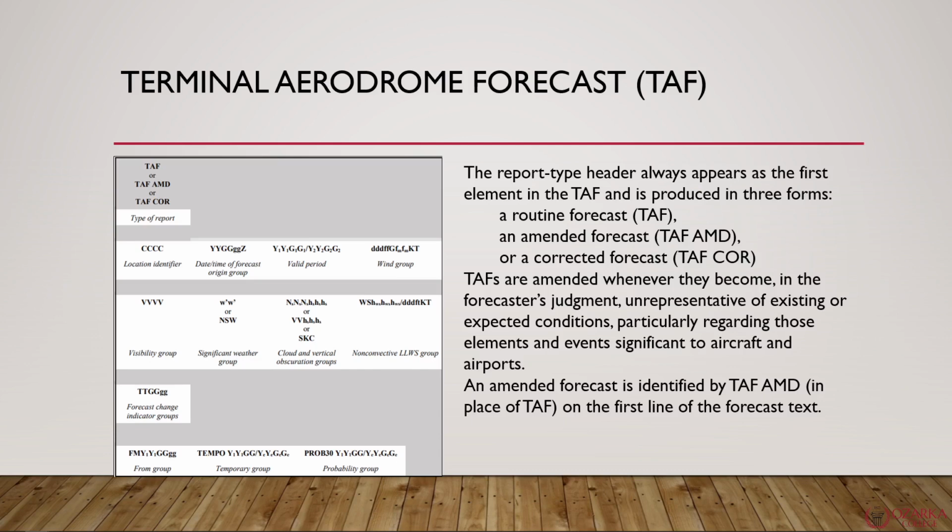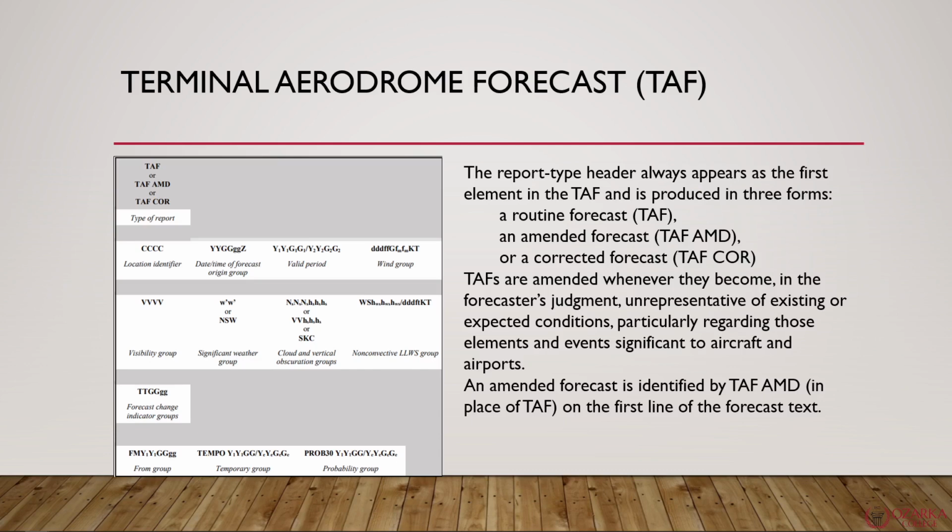So the report type header always appears as the first element in the TAF and is produced in 3 forms: a routine forecast or a TAF, an amended forecast or a TAF-AMD, or a corrected forecast, TAF-COR.